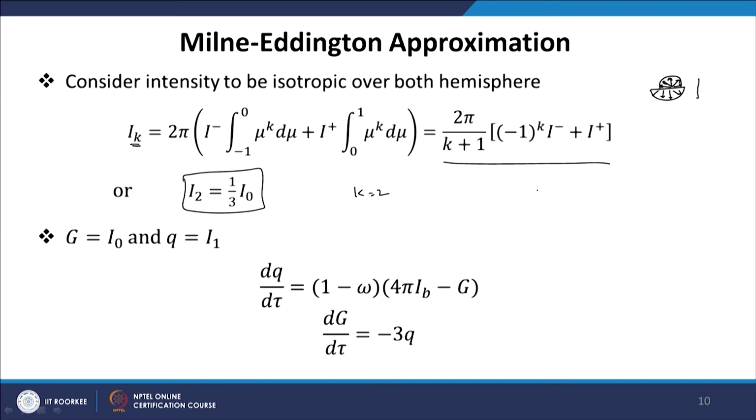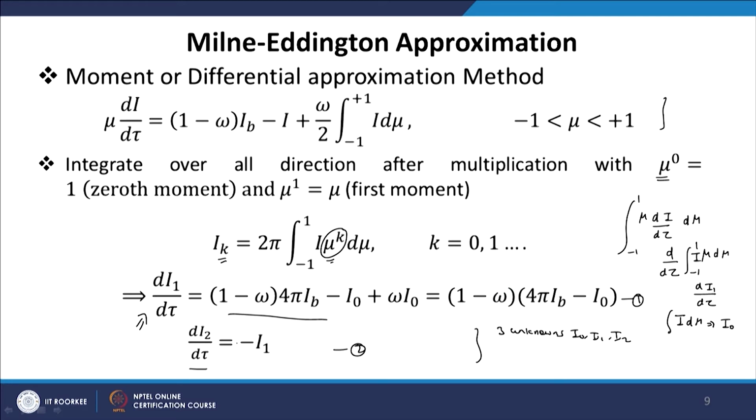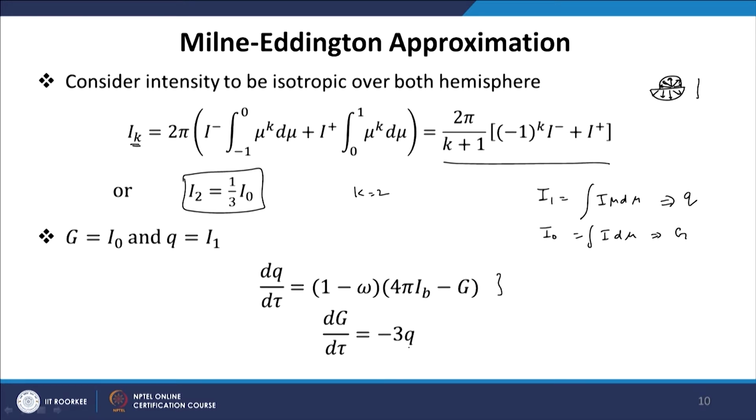We should also observe that the first moment I1, which is the integral of I times mu d mu, is nothing but the heat flux, and that I0, which is the 0th moment, is nothing but the radiative irradiation G. So, we replace I0 with G and q with I1, and what we get is the first equation that we had, dq by d tau is equal to (1 minus omega) 4 pi Ib minus G. So, this is the same equation we had in the 2 flux method, and the second equation dI2 by d tau is equal to minus I1 is reduced to dG by d tau is equal to minus 3 q.